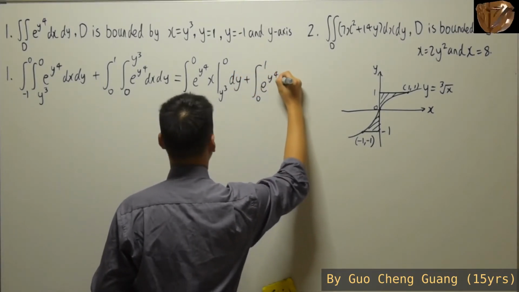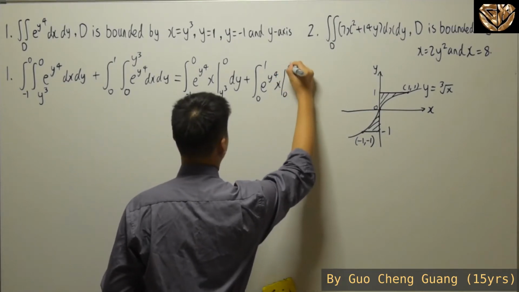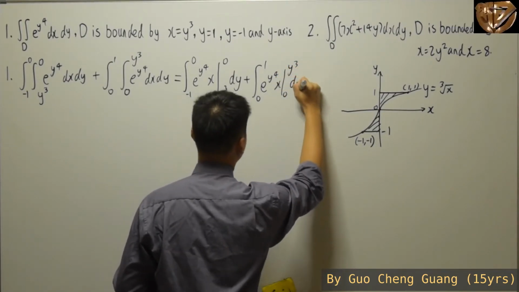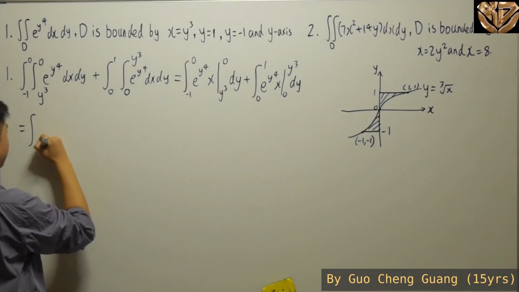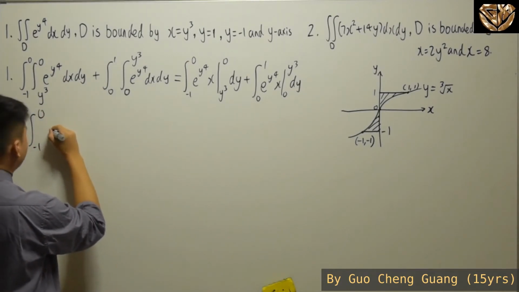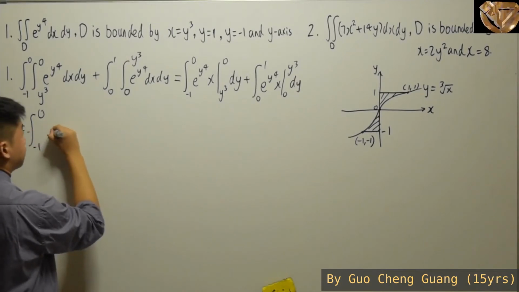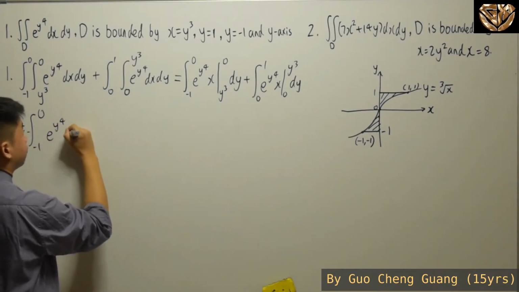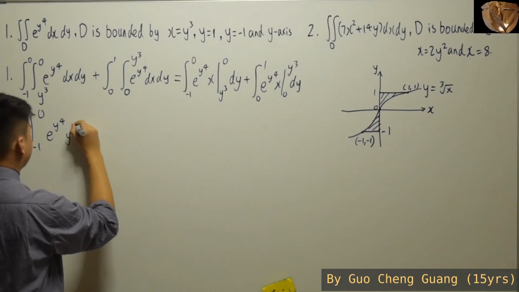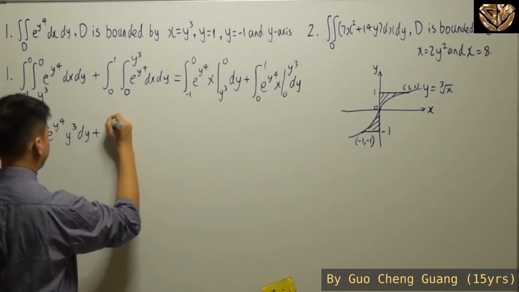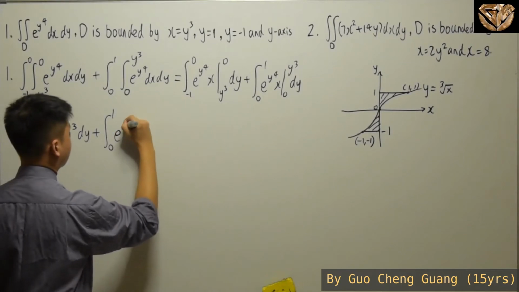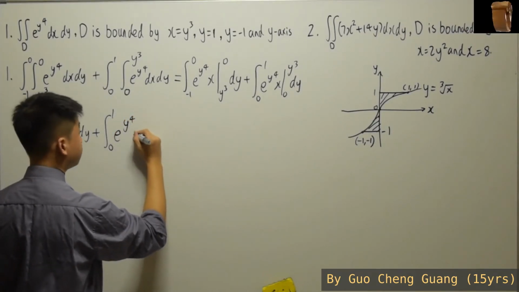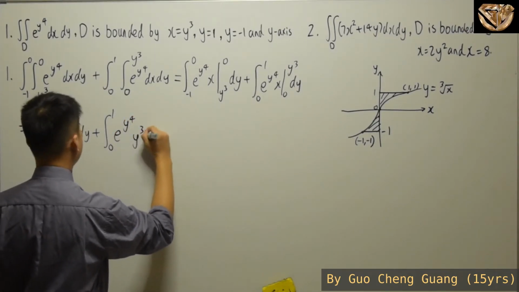So you will repeat the same process for the term behind. And of course, then you have to substitute your values, where you will see minus the integral of e to the power of y to the power of 4 times y cubed dy, and then add on the integral from 0 to 1 of e to the power of y to the power of 4 times y cubed dy.